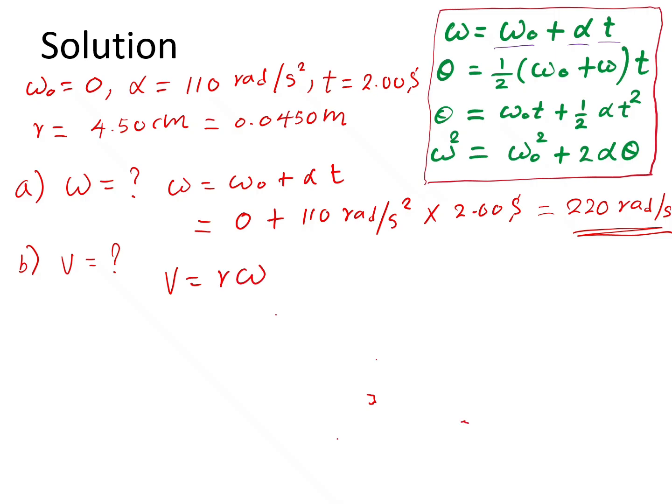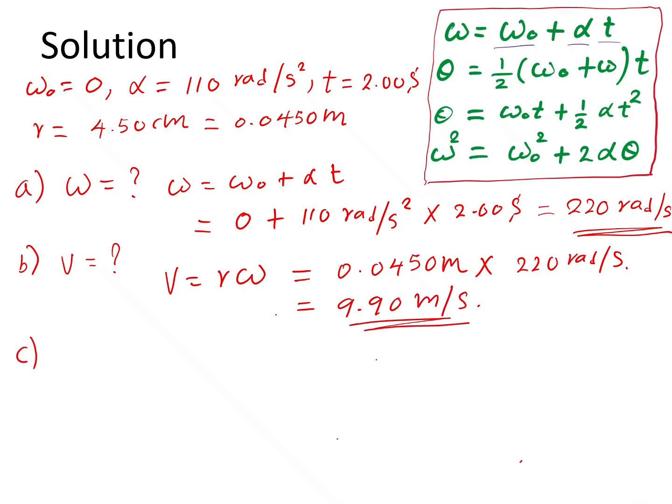Now we can substitute the values. So the r is 0.045 meters multiplied with 220 radians per second, and we get 9.9 meters per second.